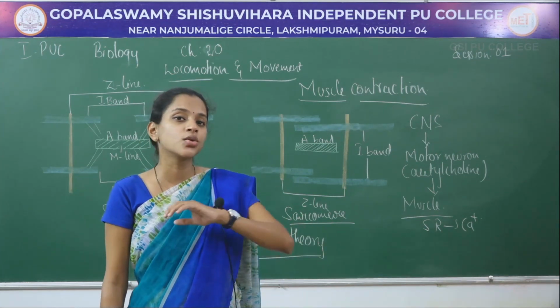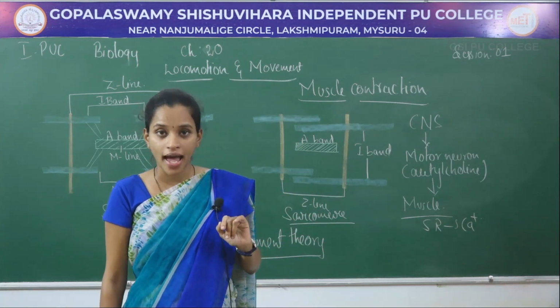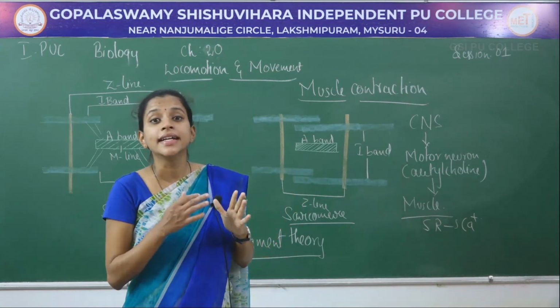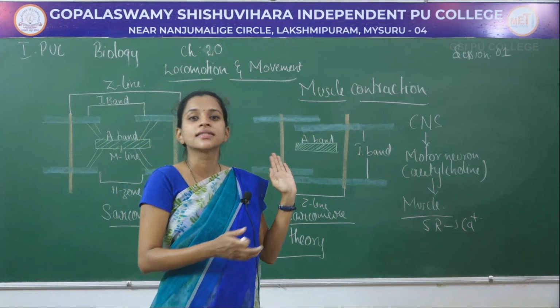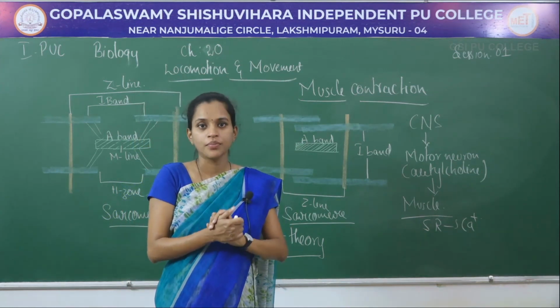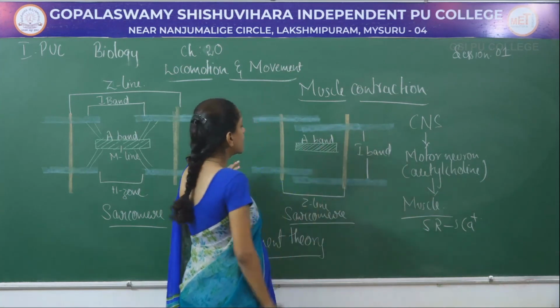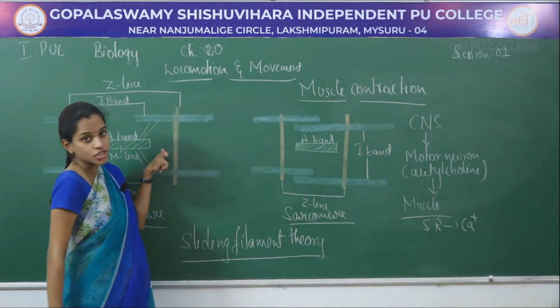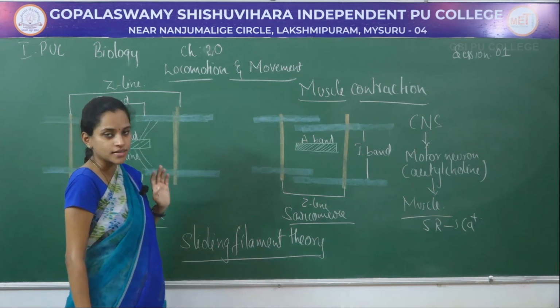So the troponin will come and start masking the active site of the actin. The myosin head detaches from the actin active site, and the actin active site is now masked by troponin, which leads to separation of the sarcomere and getting back into its original position, producing relaxation of muscles.